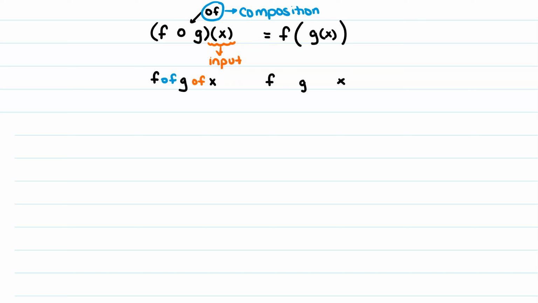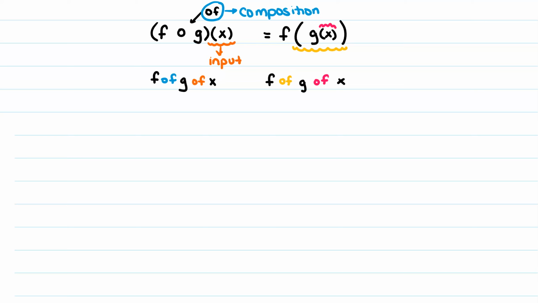So the first "of" is a function notation. That says take the function f and replace all your x's with g of x. So the second "of" is this guy here, which says put x as the argument for g, or put x into g.